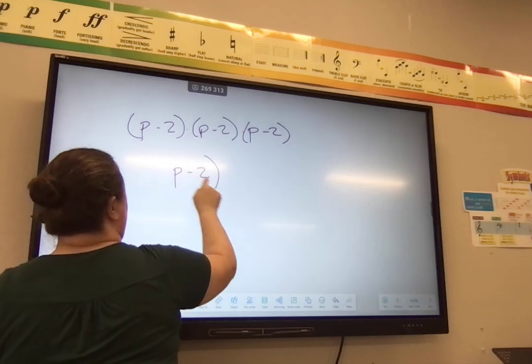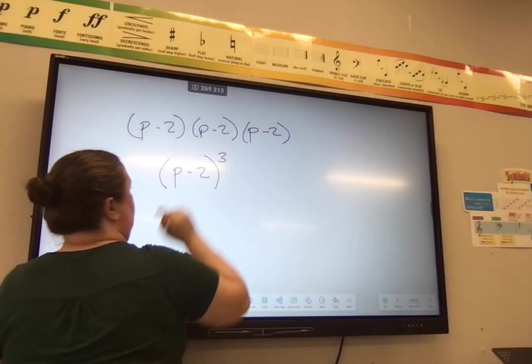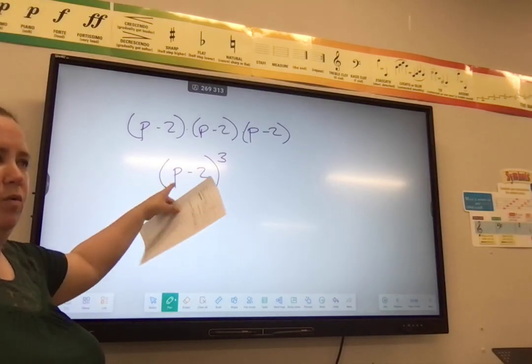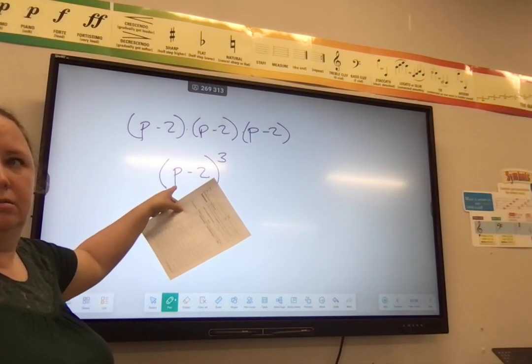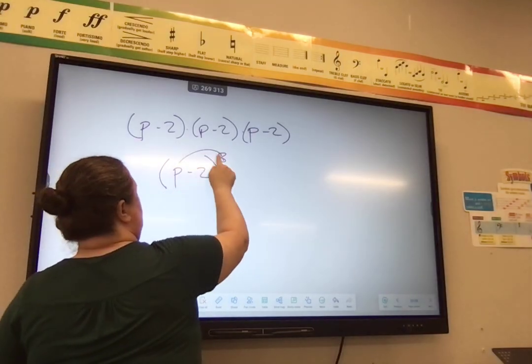Yes. How many of these do I have? 3. So that's your exponential form. Can I solve that? Not really. There is a simplification you can do, but it's not any better than what I'm looking at, so you can end it here.